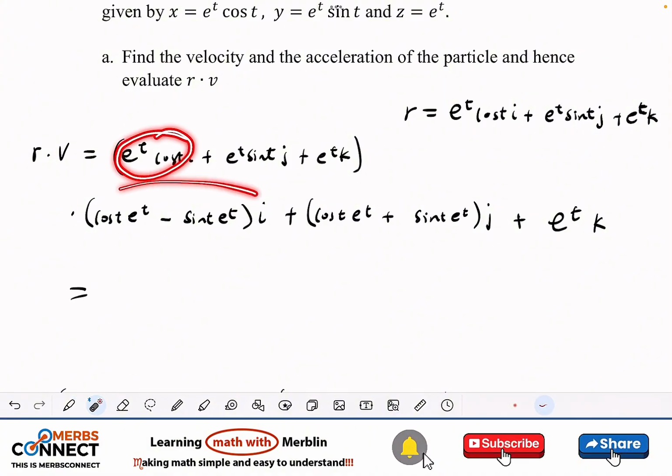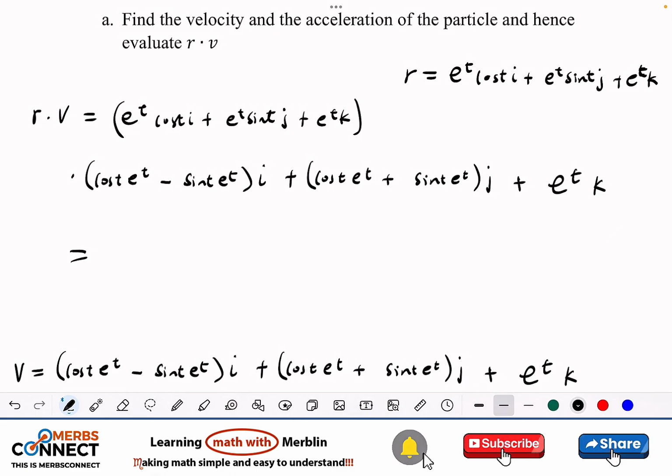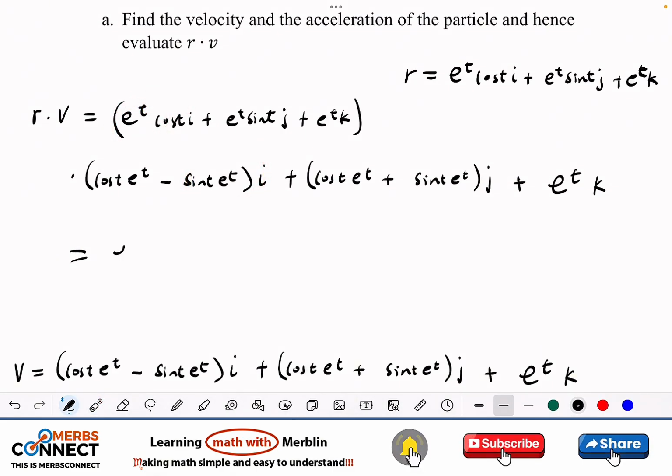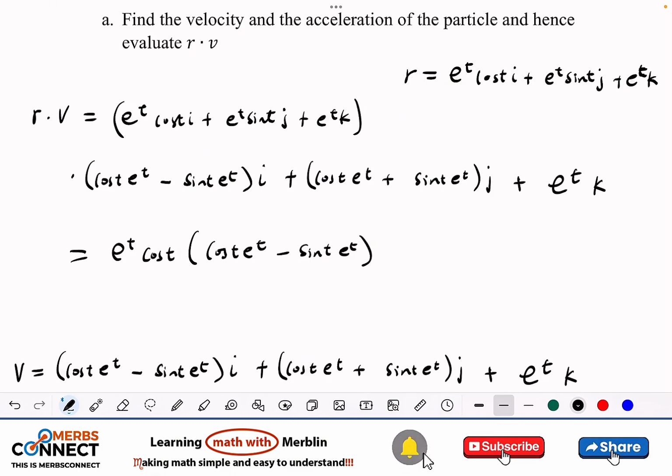So i goes with the i here, j goes with the j, and lastly k goes with k. So let's do that. This times this will be e^t cos t times (cos t e^t − sin t e^t), right?